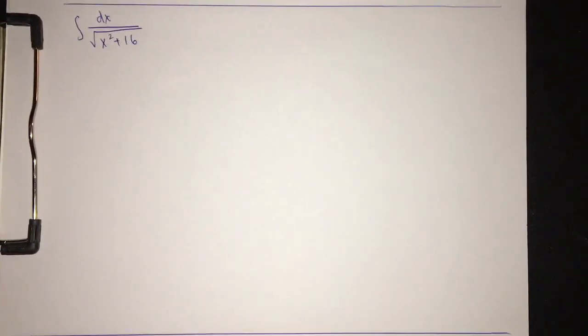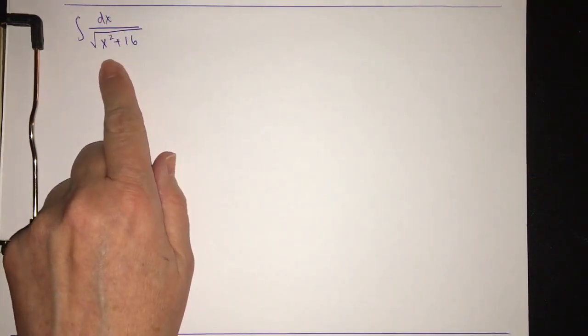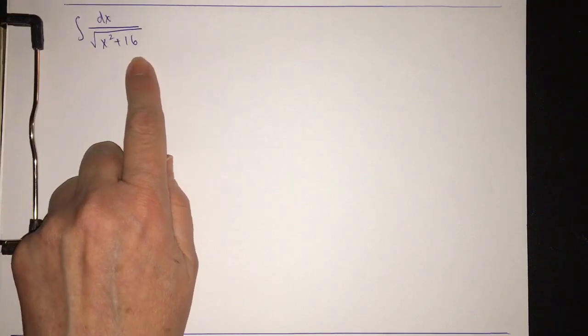Here's another problem where I will use a trig substitution to find this integral. I have the integral of dx over the square root of x squared plus 16.